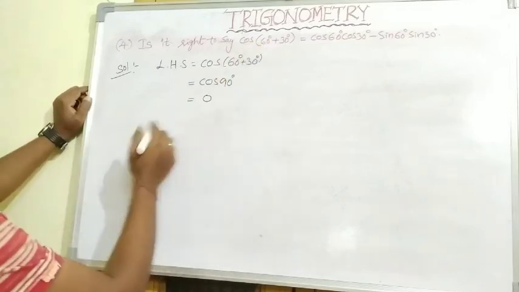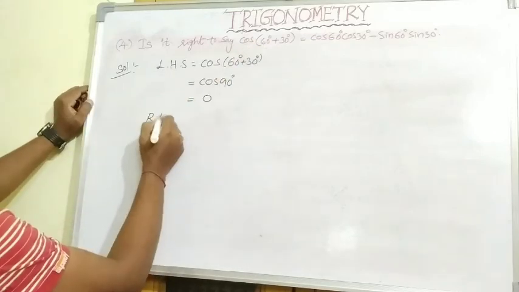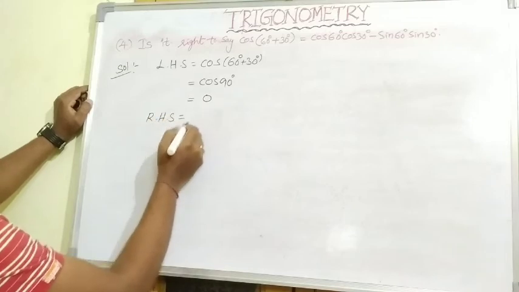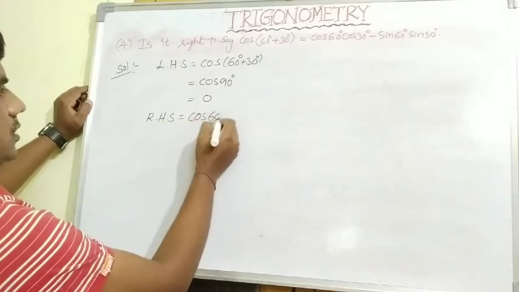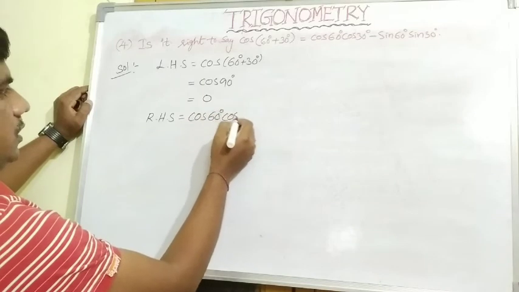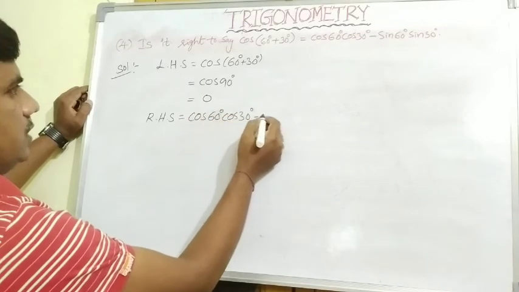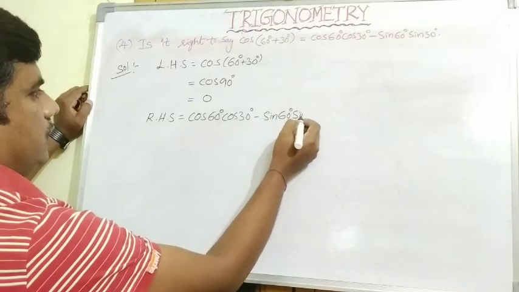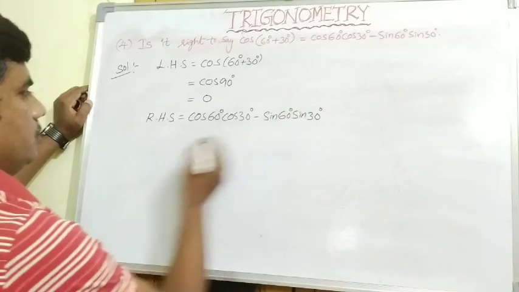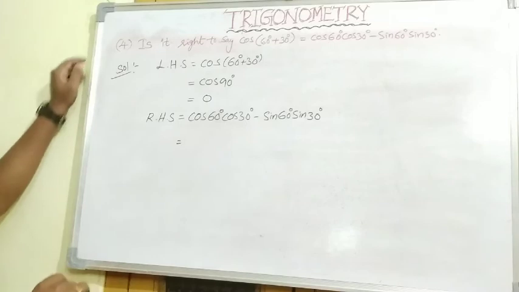Next, in the same way, we have to find the RHS value. The right hand side is cos 60 degrees cos 30 degrees minus sin 60 degrees sin 30 degrees. Now just substitute the values.